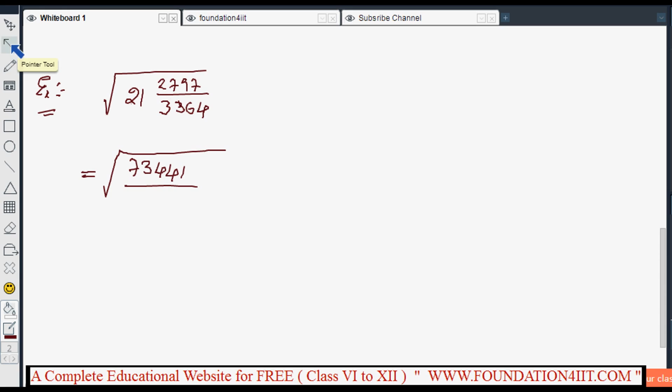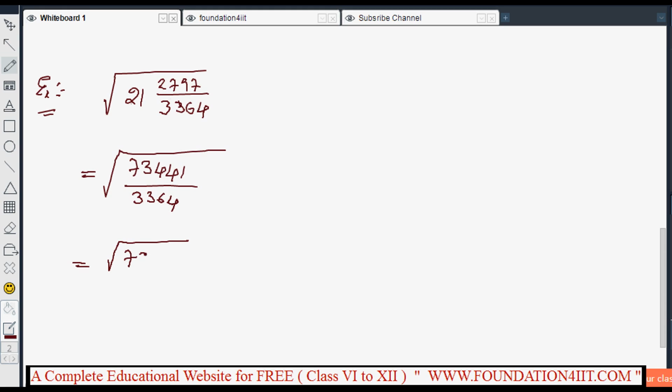We know how to convert, right? We multiply 3364 into 21 and add 2797. Then we get 73,441 by the same 3364. Then we have to do the square root separately.